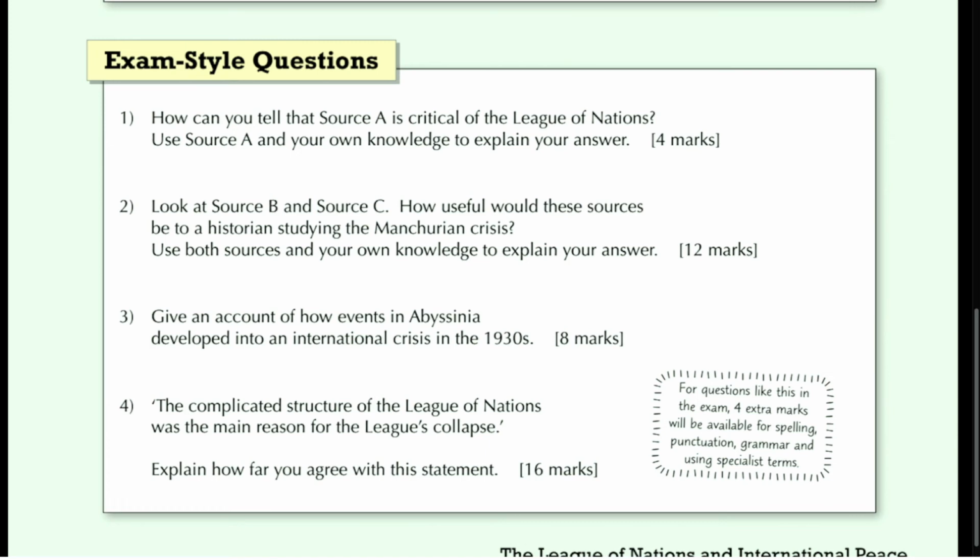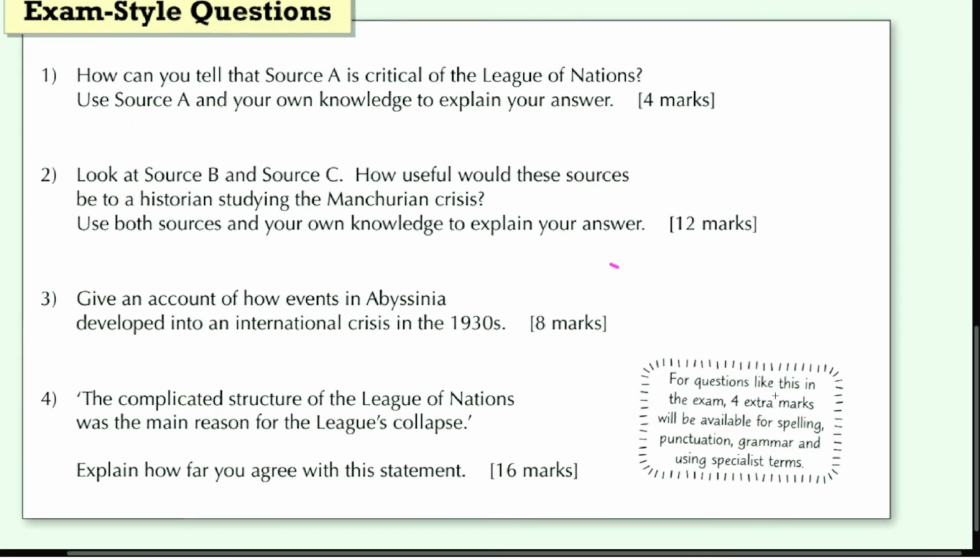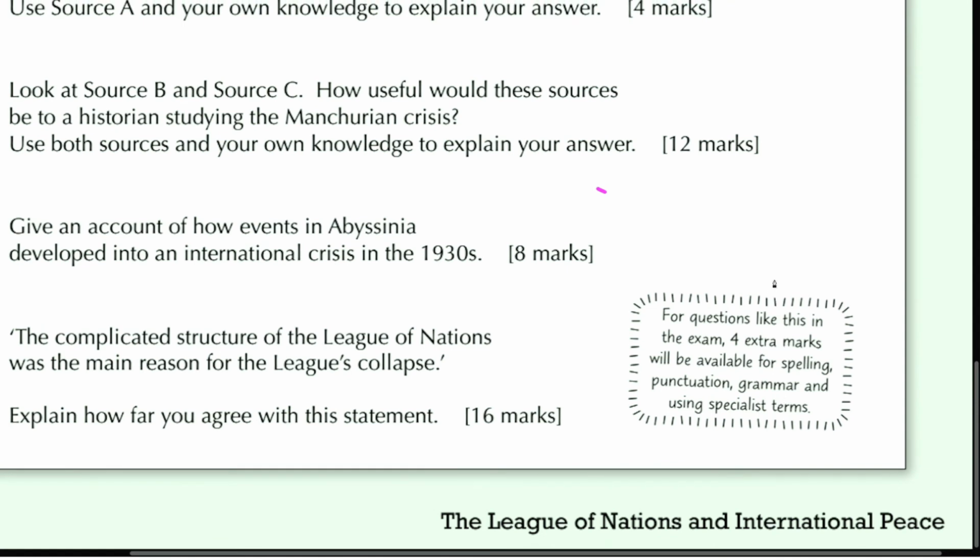Okay? And then we have this extra comment here, right? For questions like this in a real exam, 4 extra marks, I mean 4 extra points, will be available for spelling, punctuation, grammar, and using specialist terms.